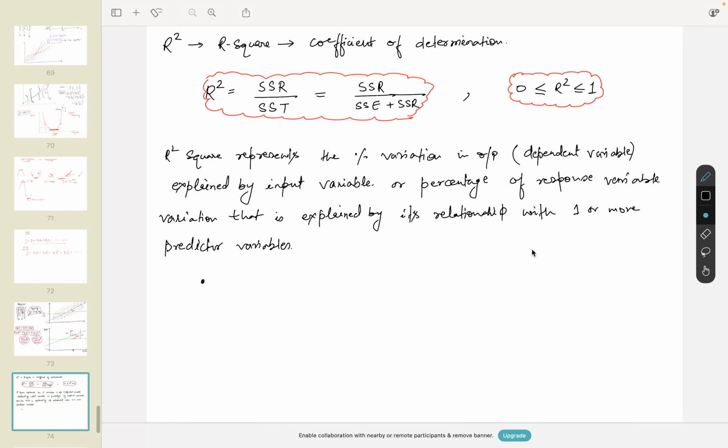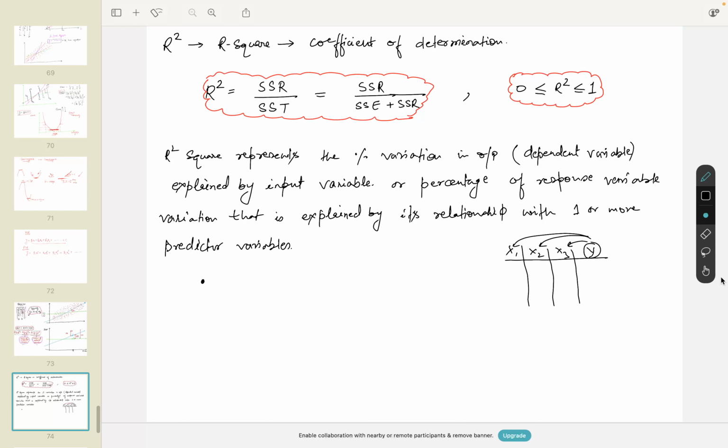Means what? If you have a data set like x1, x2, x3, and for example, let's take 3 1, and this is the output. So this output is always dependent variable on these variables, right?